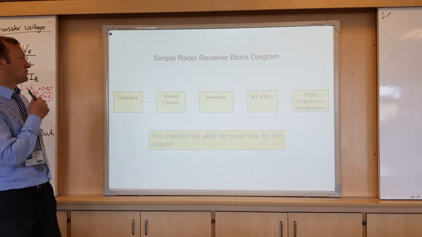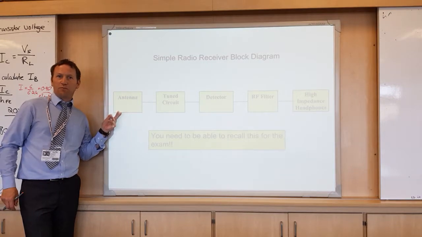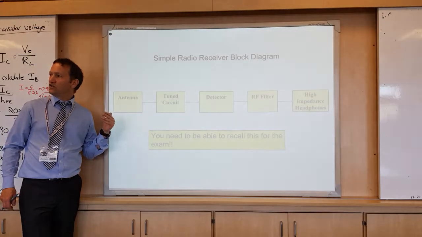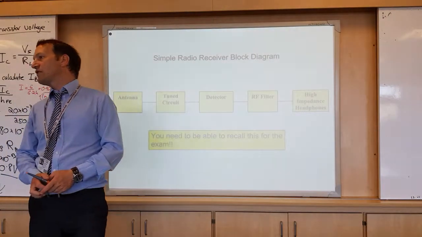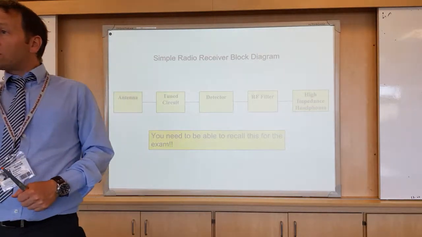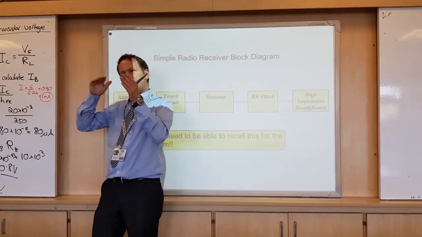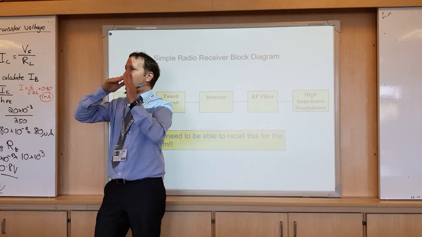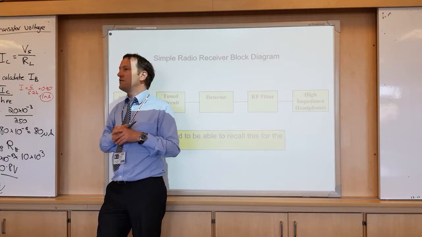So, first of all, we have the antenna, which picks up the radio signals of all the stations around and converts the radio signals. The electromagnetic wave hits the aerial and excites the free electrons within the metal.